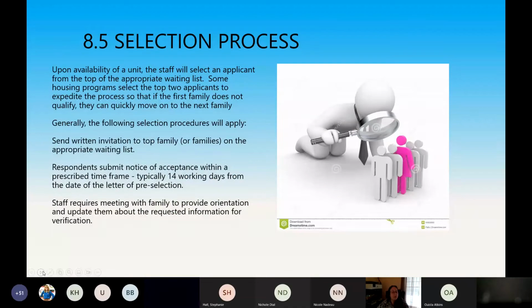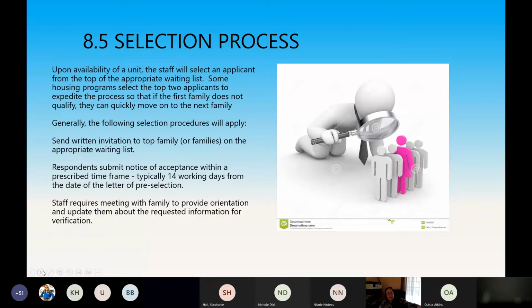Your selection process: upon the availability of a unit, the staff would select an applicant from the top of the appropriate waiting list. Some housing programs select the top 2 applicants, just in case that first one decides they don't want it. Generally, the following selection procedures apply.